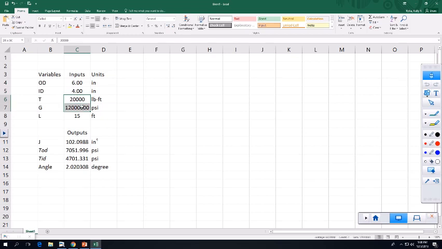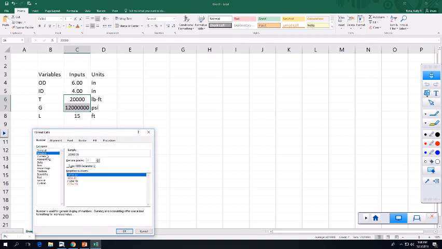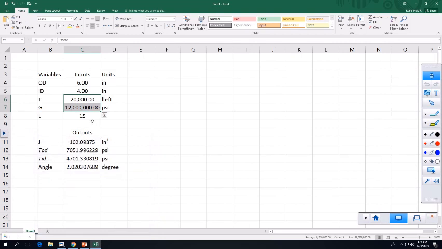Then for the torque and for the G, I'm going to do the same thing, right click, Format Cells, and go to Number, but I'm going to add the 1000 separator because otherwise it just looks like, how many zeros do I have there? Do you see that? The feet I'm just going to leave like that because that was just a regular whole number. And then I'm going to do the same thing down here. I'm going to center all of, I do have those centered.